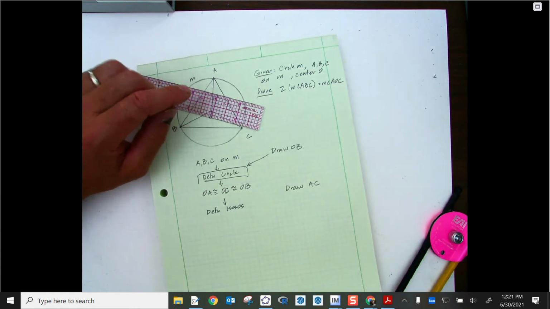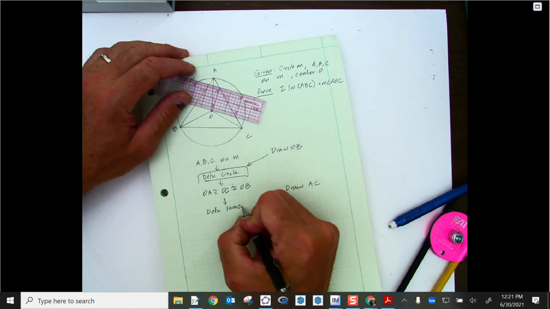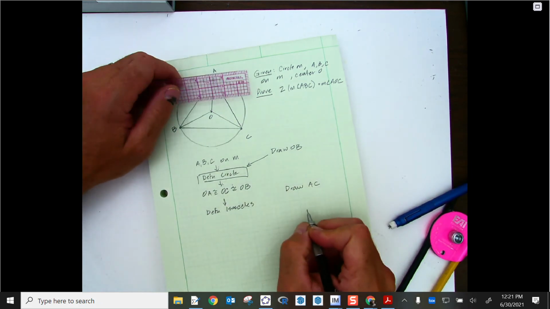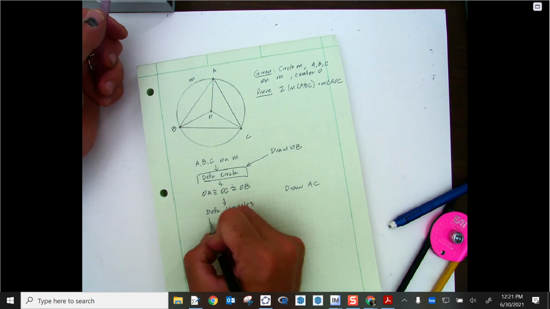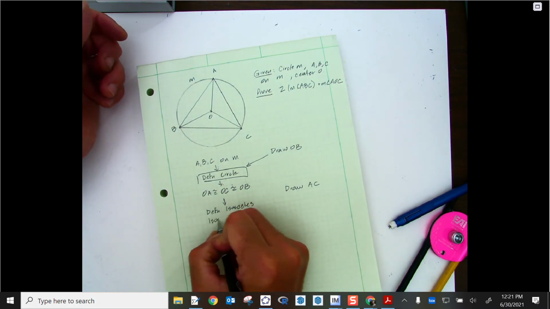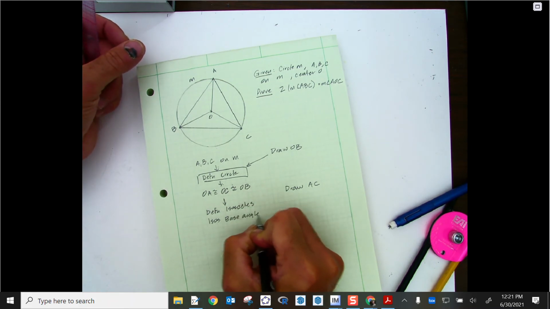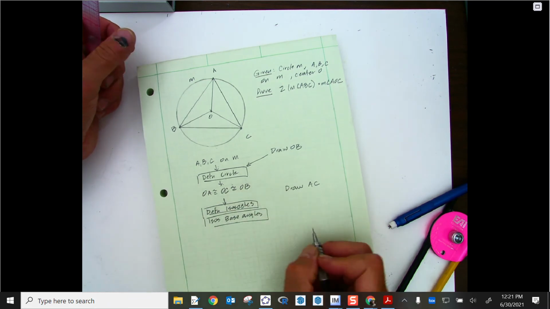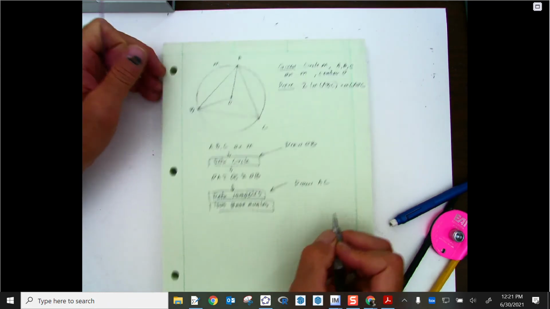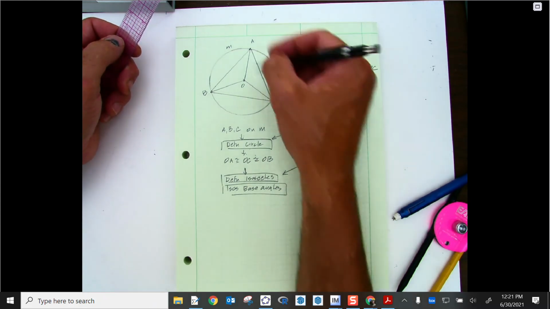I could never spell that. And really we're going to say definition of isosceles and I guess isosceles base angles. We're going to use both of those, I guess, in turn to state that the base angles are all congruent.